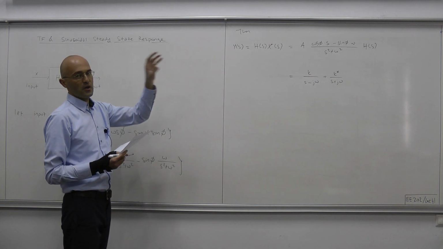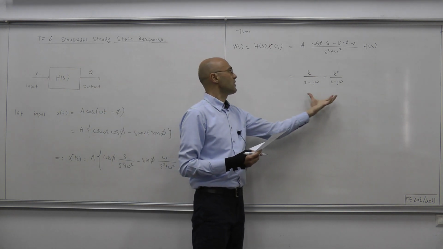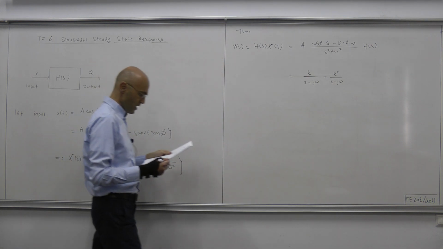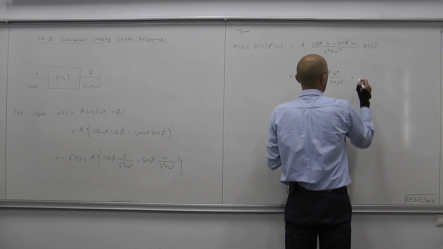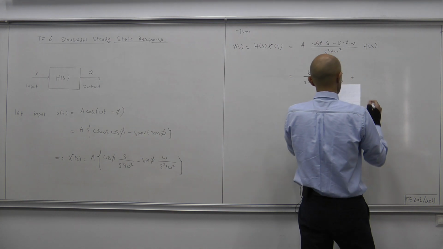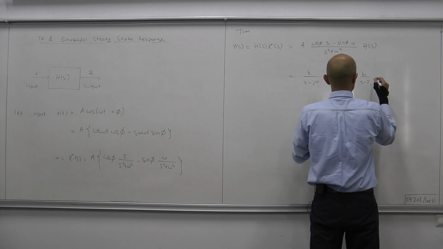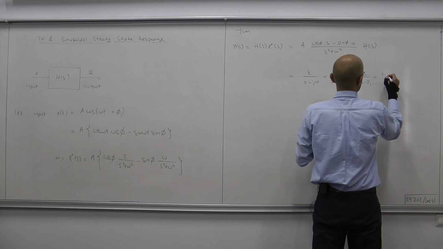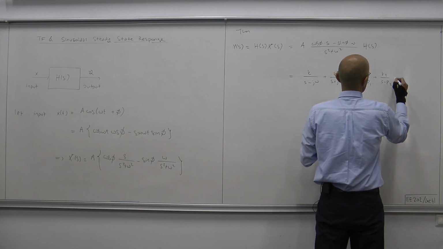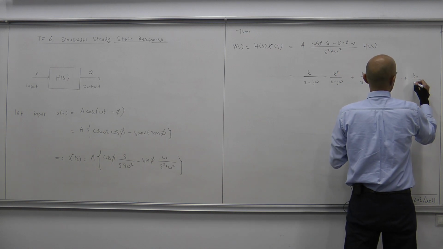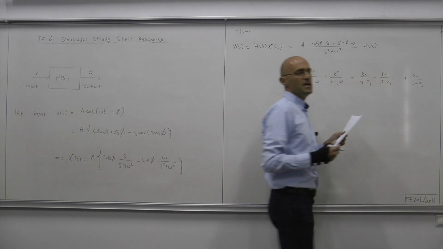Those are the terms due to the input, and together they make the particular solution. And then we have the terms due to natural frequencies, k1 over s minus p1 plus k2 over s minus p2, up to Kn over s minus Pn.